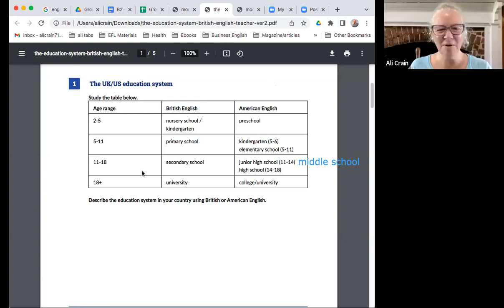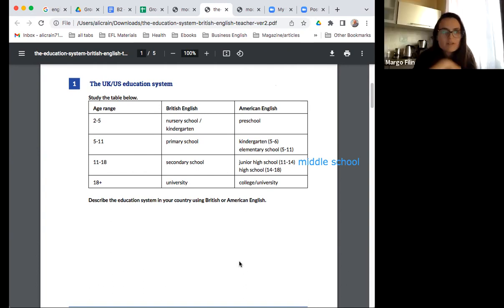What about the other age levels, are they pretty much the same in the Ukrainian system? What do you call this age group, Margot? Is that kindergarten also? I don't know actually.